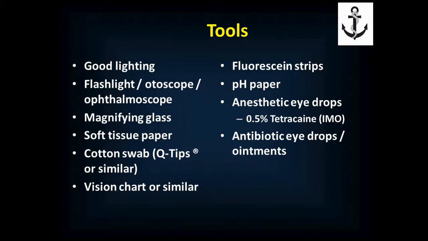A vision chart or something to test their visual acuity. Fluorescein strips, some pH paper, anesthetic eye drops, and the IMO has tetracaine 0.5% on their recommended medication list, and then some antibiotic eye drops and ointments. It's also nice to have artificial tears and a lubricating ointment as well, although you can kind of make do with antibiotic ointment if you have to.